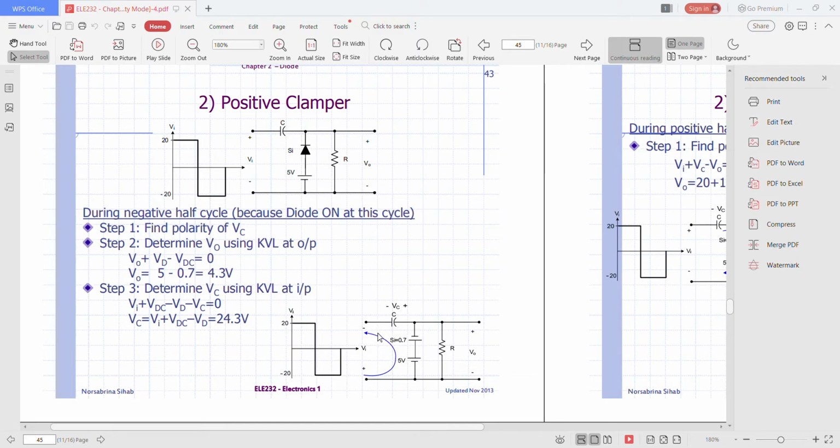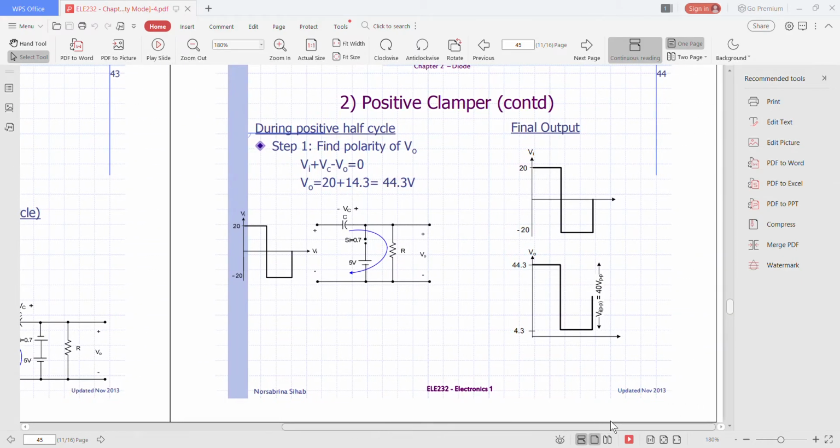This is by referring to the blue arrow loop here. By substituting all the values, you will get Vc equals to 24.3 volt. This is during the negative half cycle.